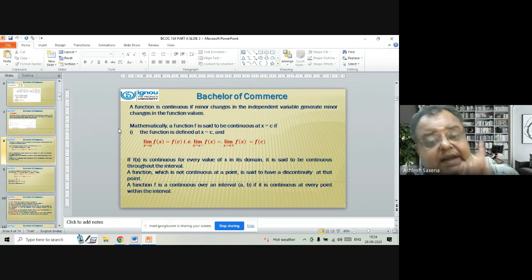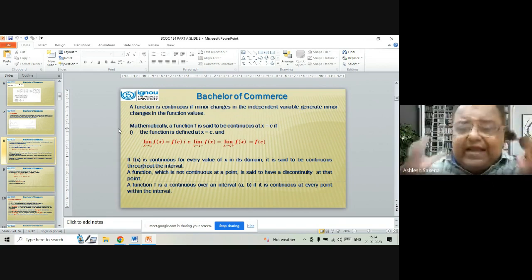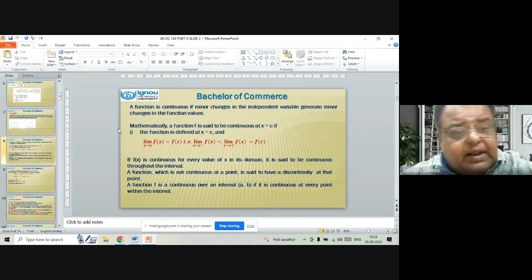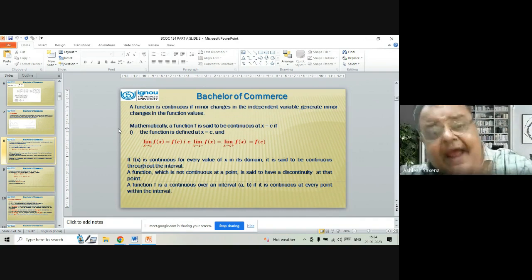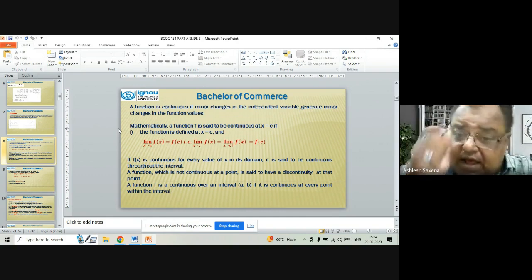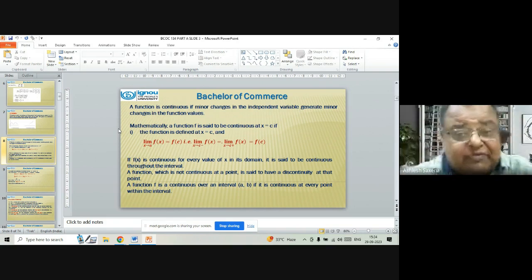That is, limit x tends to c negative f(x) is equal to limit x tends to c plus f(x) is equal to f(c). In other words, the limit of a function on the left side must be equal to the limit of the function on the right side and must be equal to the value of the function. You will see what this red phrase means.